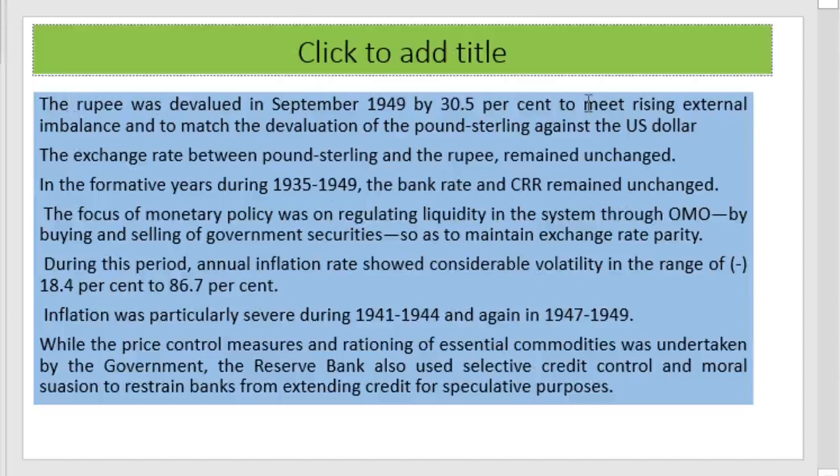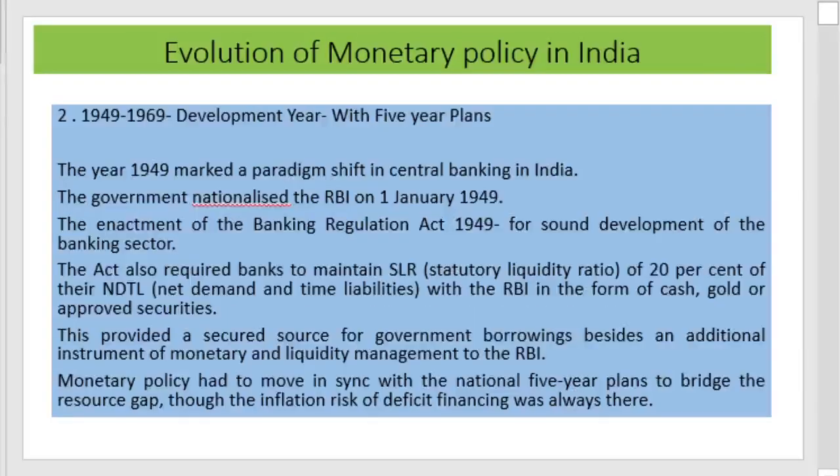That is, the rupee was devalued, the CRR remained unchanged during 1935 to 49, and inflation was severe, especially in 41 to 44 and 47 to 49, and showed considerable volatility. And the second phase is 1949 to 69.